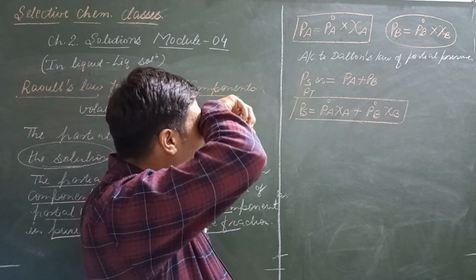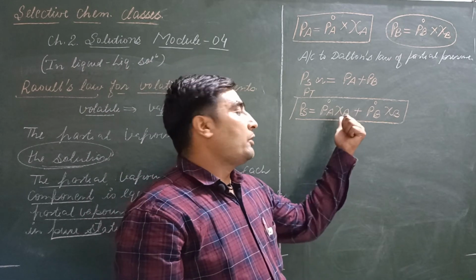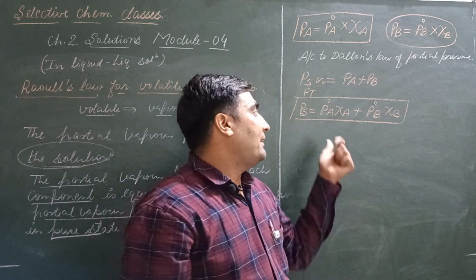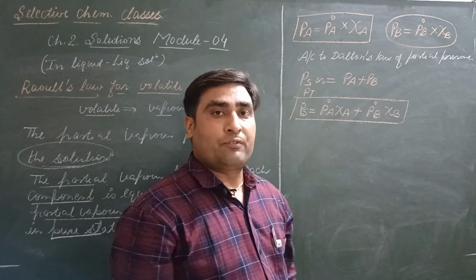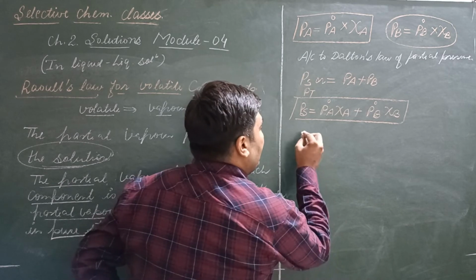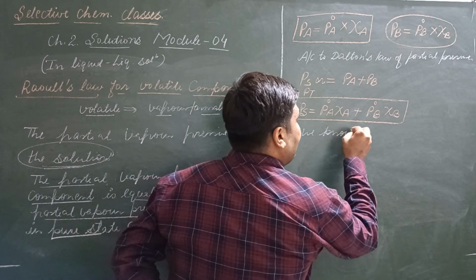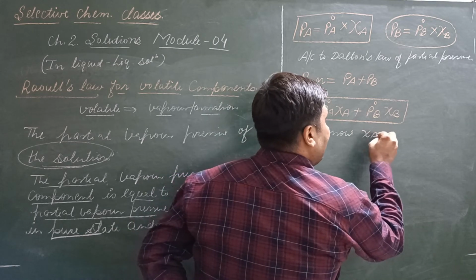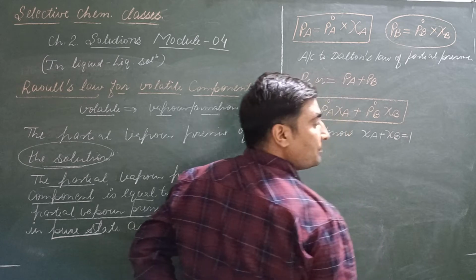And if only one composition or one mole fraction is given, then we have to find a new formula where we have only one mole fraction. As we know, the sum of chi A plus chi B is equal to 1.